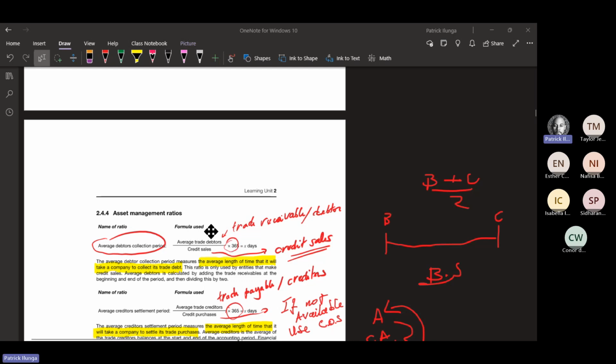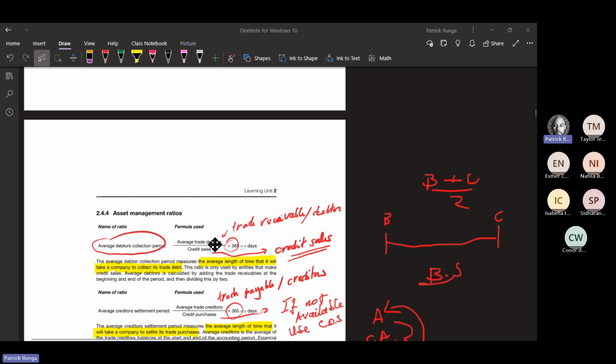Guys, trade debtors. That's on your balance sheet. What is this? Trade debtors. That's your current asset. That's your current asset.